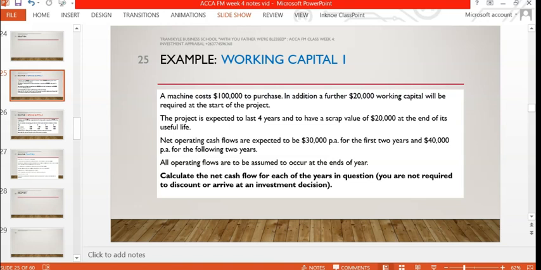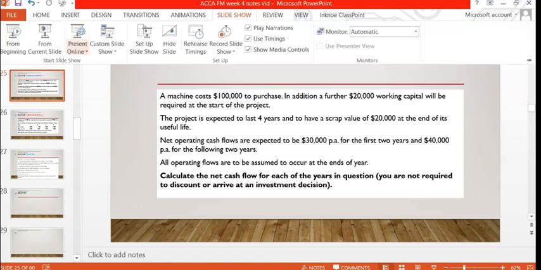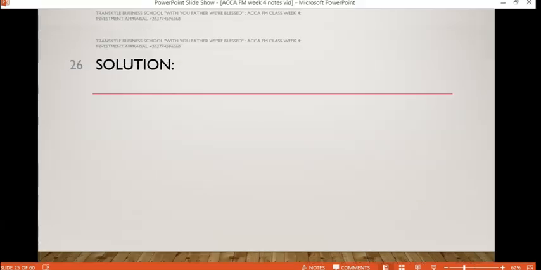In our previous video, we talked of relevant costing. In this one, we are going to get a step further into the area of net present value with regards to working capital.